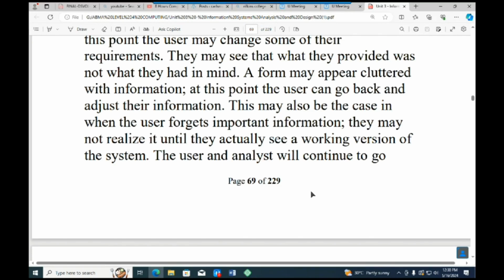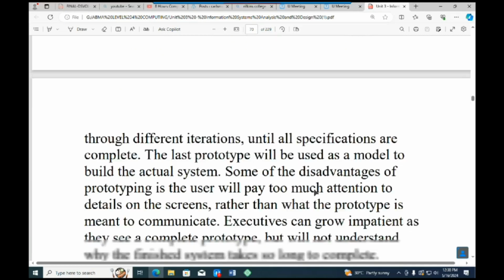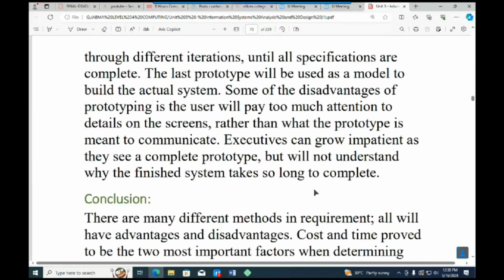They might not realize that until they see the working version of the system. So when they see the working version of the system, then they remember that there's some information they had left out. Okay. So in this prototyping, we are going to have the last prototype that is going to be used as a model to build the actual system.